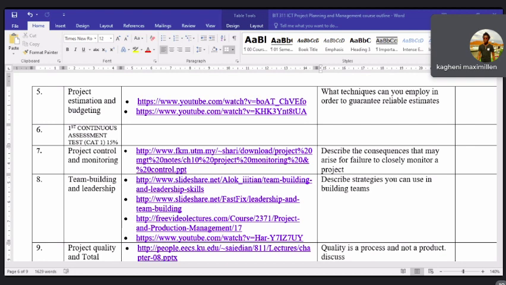Is there anybody who can explain why a budget can never be accurate? Explain why a budget is an estimate and cannot be considered accurate. Raise up your hand. I hope you know where the icon for the hand is.